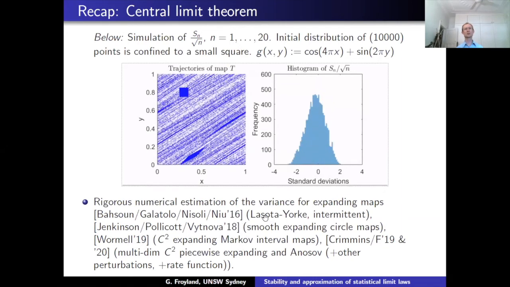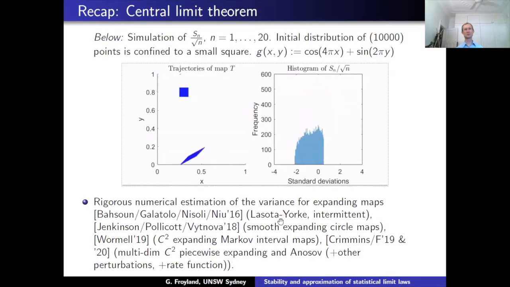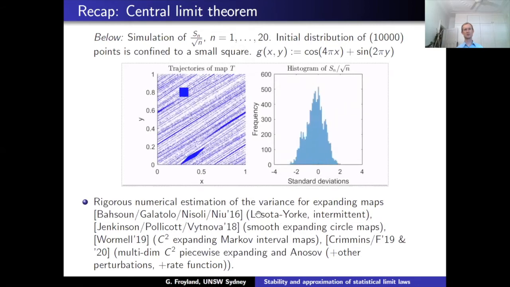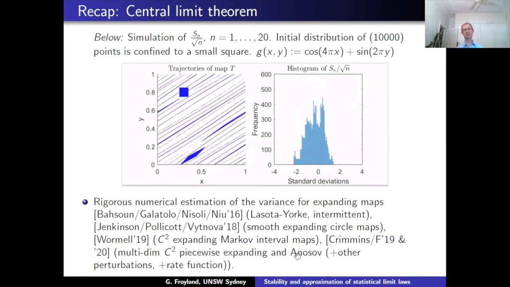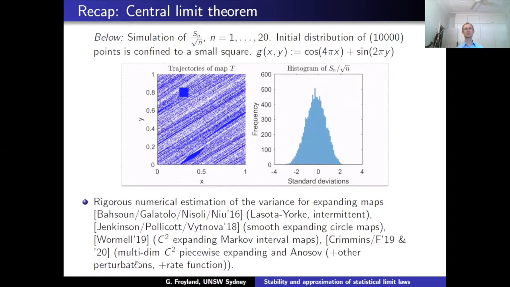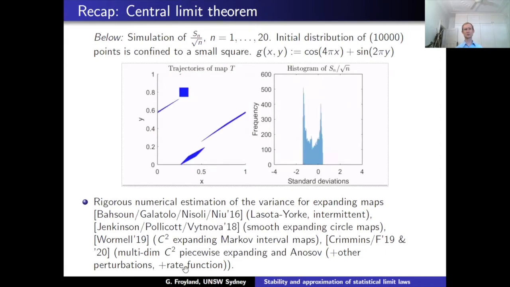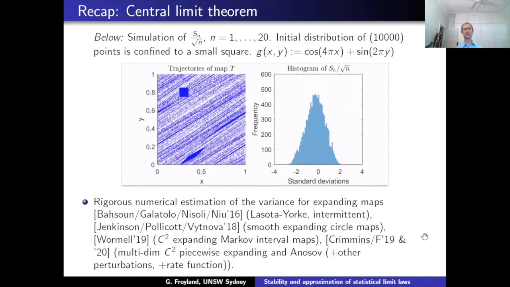These others are doing piecewise interval maps, of the same complexity that we have. And in what I'm going to talk about, we can do these also in multi-D and in the hyperbolic case. We're also going to talk about other perturbations, not just numerical. And we can also do the rate function, which I'm coming to shortly.